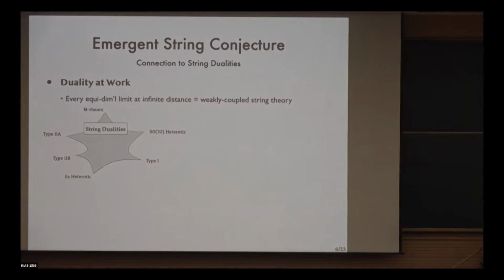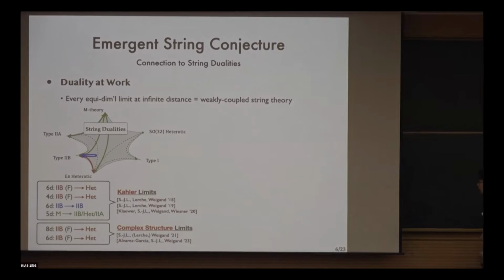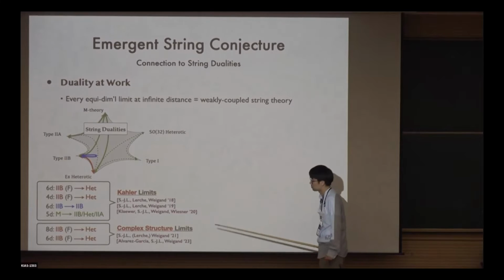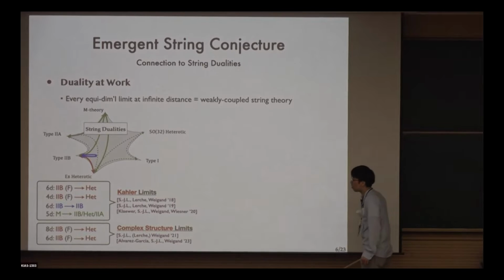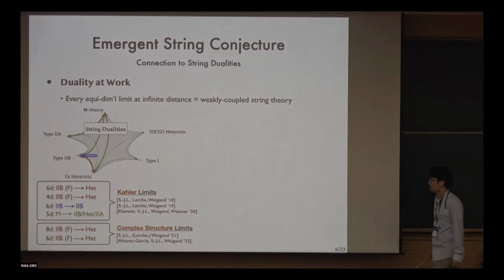In particular, this conjecture asserts that every infinite distance limit in which the space-time dimension is kept fixed must be given a dual description in terms of a perturbative critical string. The established string dualities are, of course, examples of this phenomenon, but should the converse also hold? And this is one of our points. At least in many non-trivial string setups we studied, by carefully classifying and analyzing all infinite distance limits of string compactification geometries, we have been able to verify that this conjecture does hold.